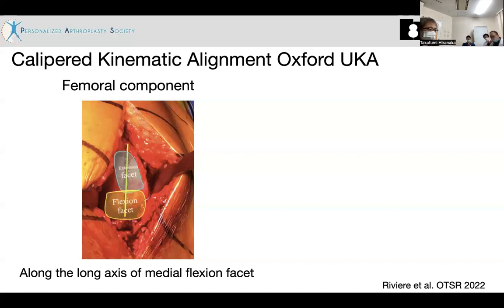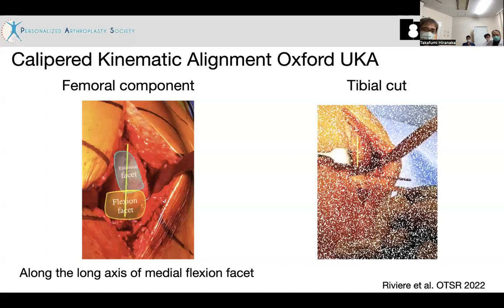That indicates the orbit of the joint contact surface. So they draw the line along this line, the longitudinal axis of the flexion facet.